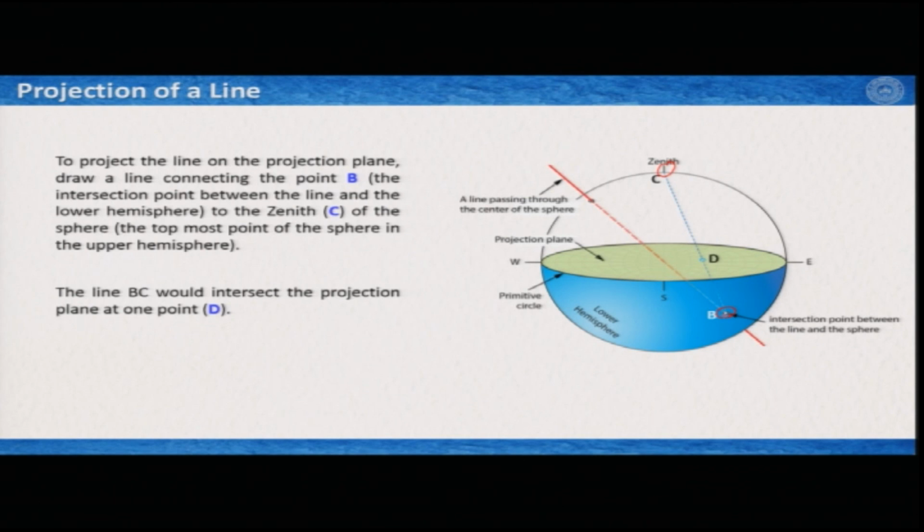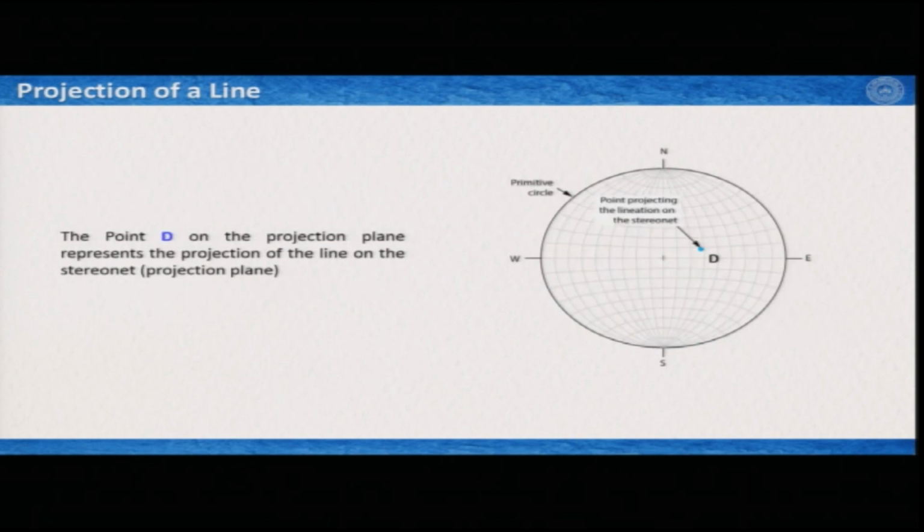Now, when we connect this line from B to C, it also passes through the projection plane and we get a point here which is D. Now, this point D is actually the projection of the line that we have seen before. So, if I now project this circle in plane, then the point D would appear somewhere here, and this is the projection of this inclined line on the Stereonet.